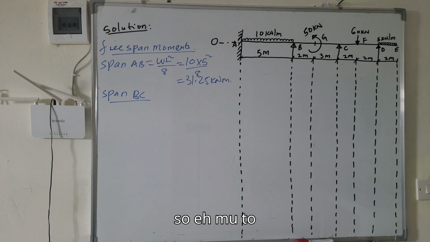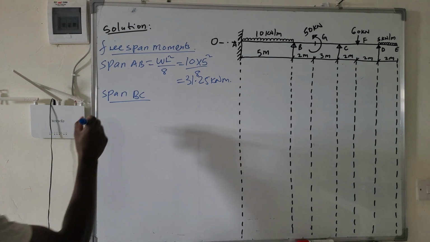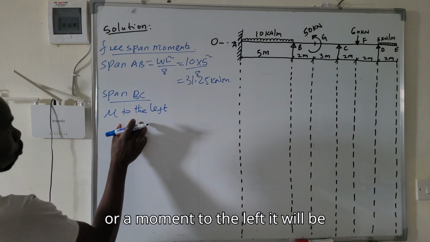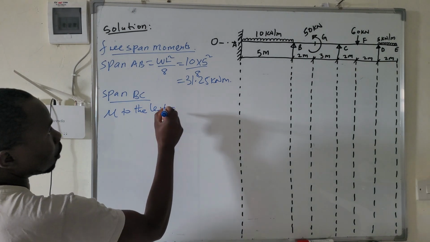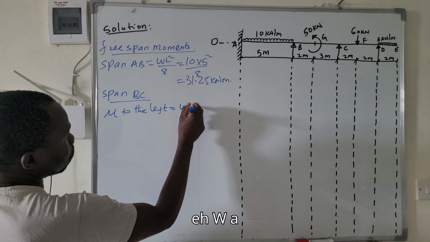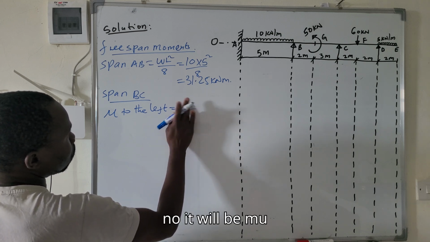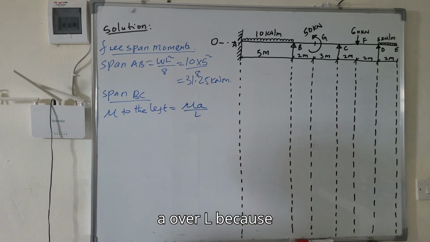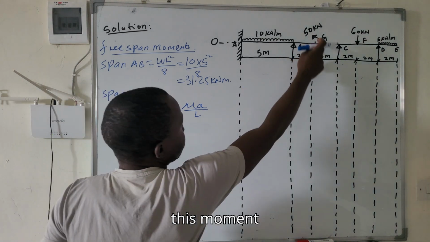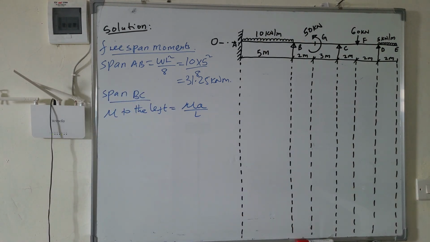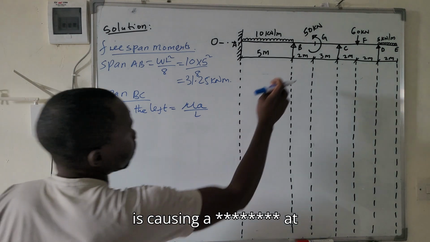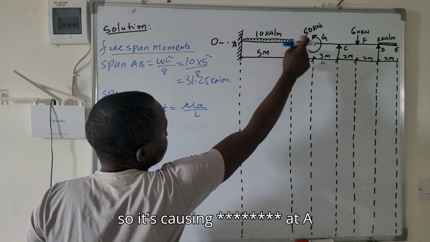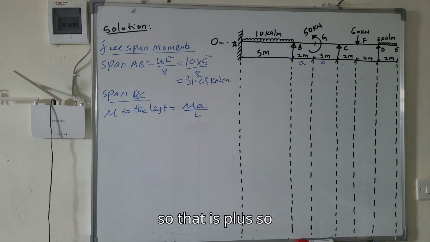So for a moment to the left, it will be M A over L, because this moment is causing a sagging at this point. So you have A and B. It's causing sagging at A, so that is a plus.